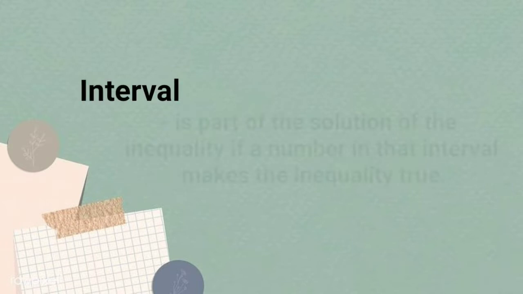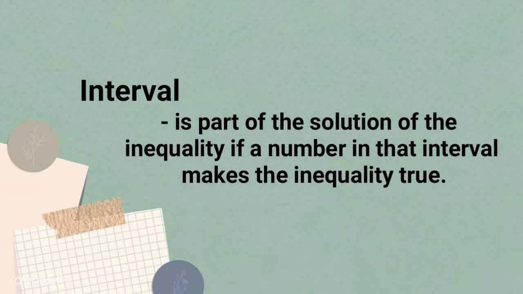An interval is part of the solution of the inequality if a number in that interval makes the inequality true. Meaning, when we substitute that number into the inequality, the inequality should be true.